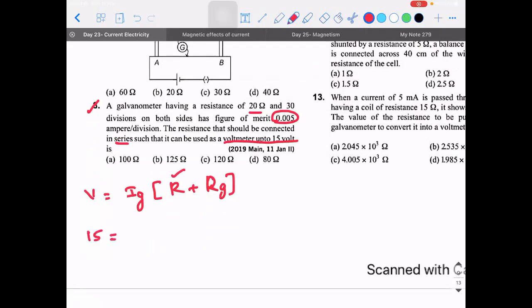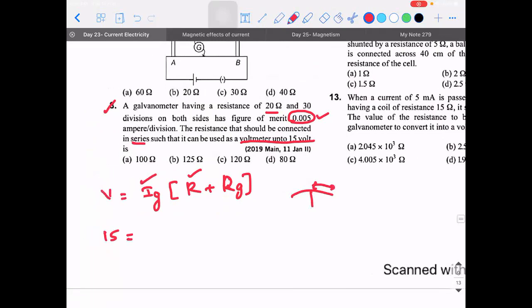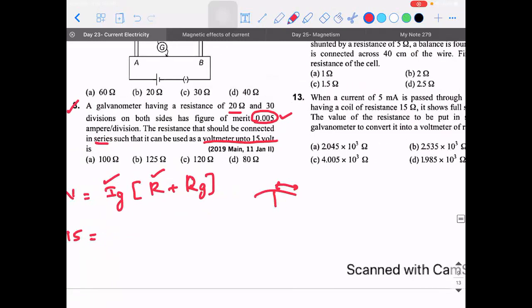15 is equal to Ig, the full scale deflection current. So how many divisions are there? 30 divisions. Correct? So the figure of merit is 0.005. If I multiply 0.005 with 30, it will give me the full scale deflection current.